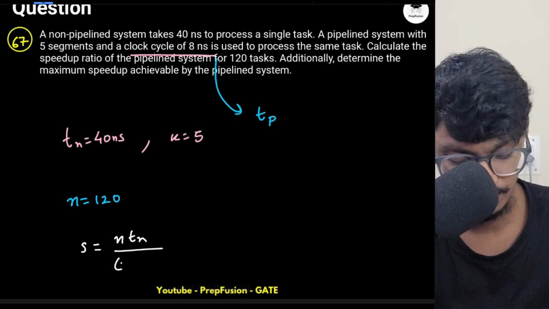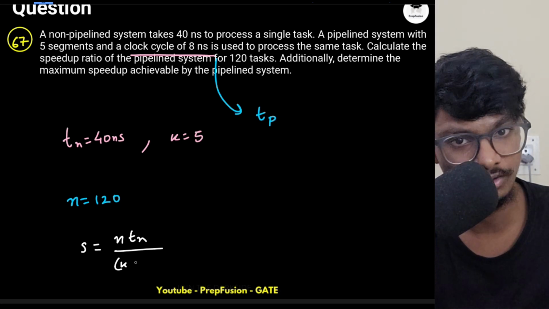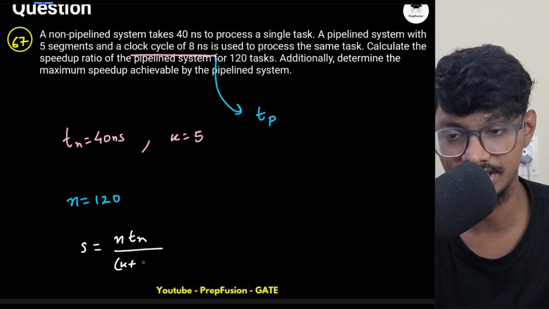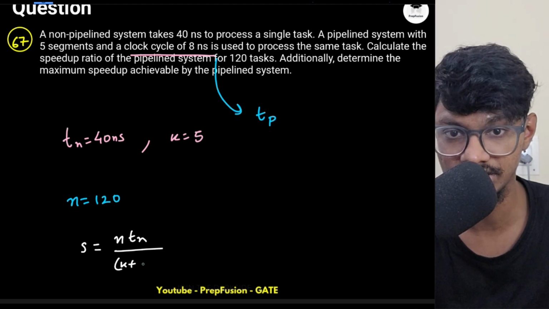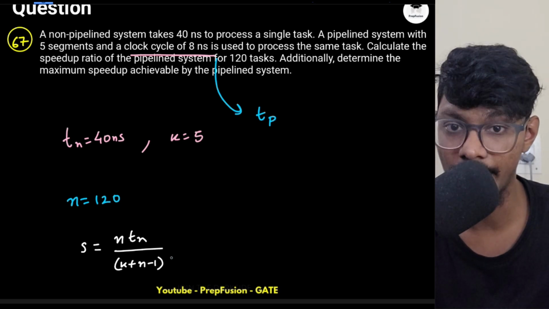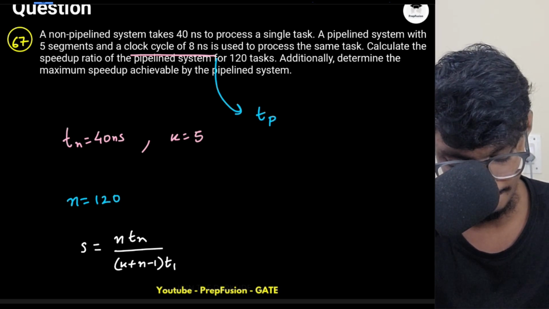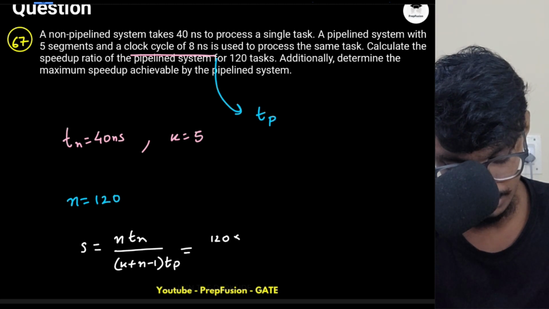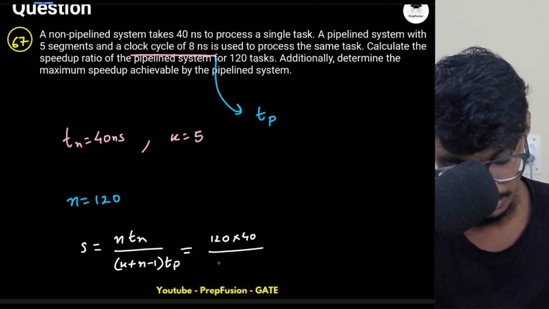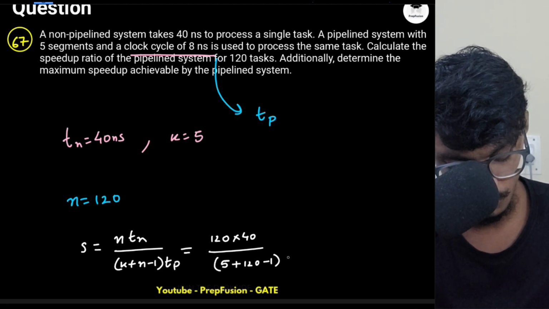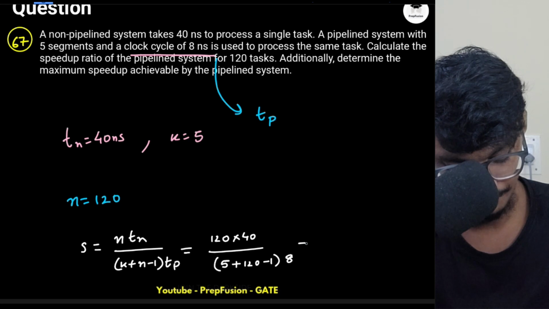It will take k cycles for the initial task, plus the number of remaining tasks, n minus 1, each requiring one cycle. So it will be k plus n minus 1, into the time taken for each cycle, that is TP. N is 120, Tn is 40, k is 5 since it is a 5 segment pipeline system, n minus 1 is 119, and TP is 8.